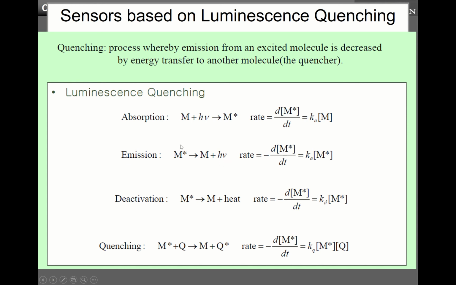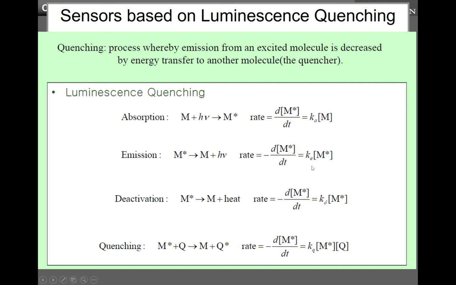So this emission rate is proportional to the excited molecules concentration, but we put a negative sign. Why? Because by emission, the number of excited molecules decreases, so we write it this way.